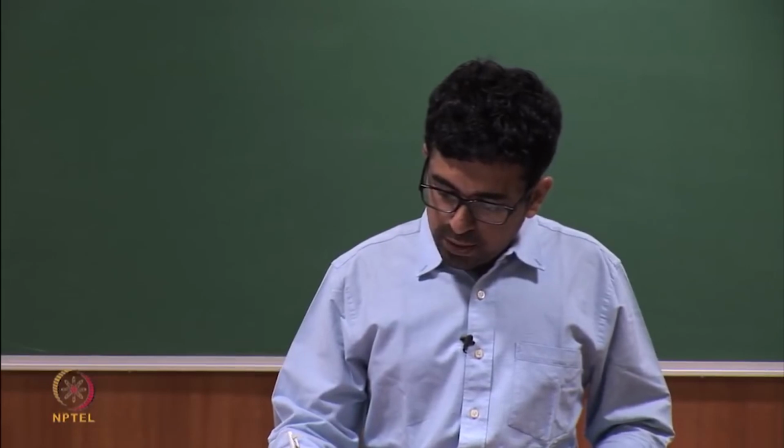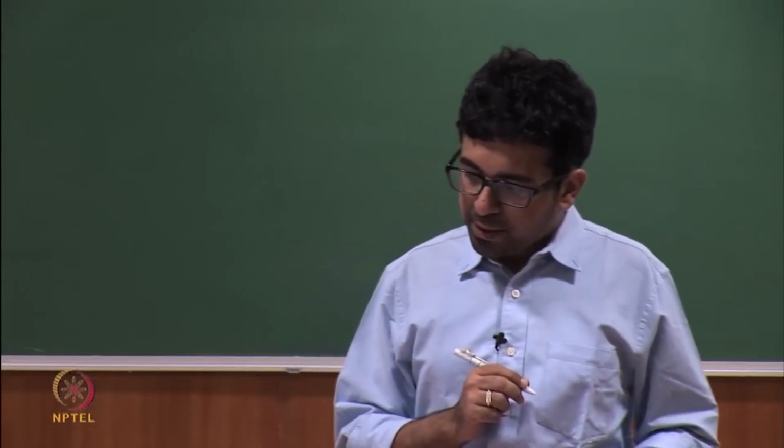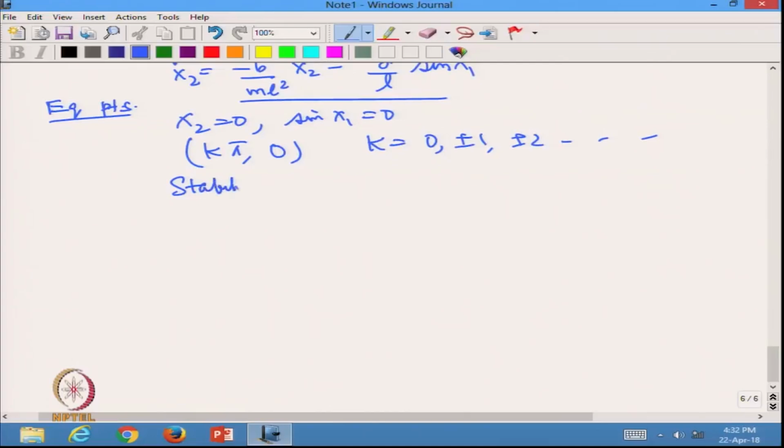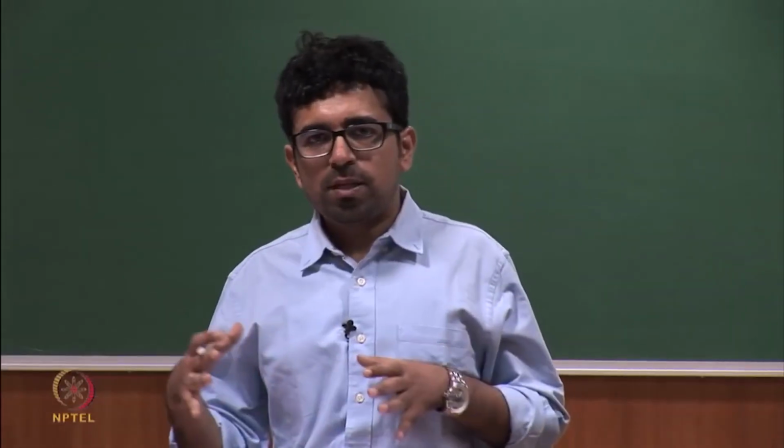Okay. So, now we go on to the next topic, which is concerned with stability of equilibrium points. So, stability, I am pretty sure you would have some concept of stability.